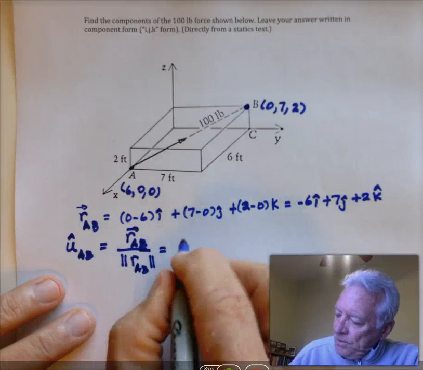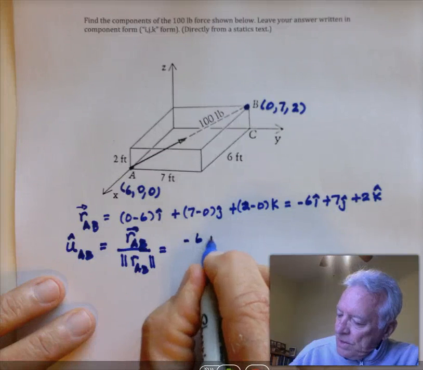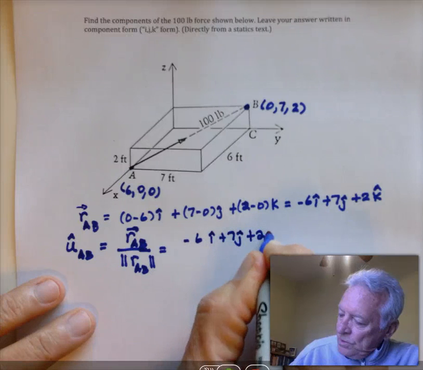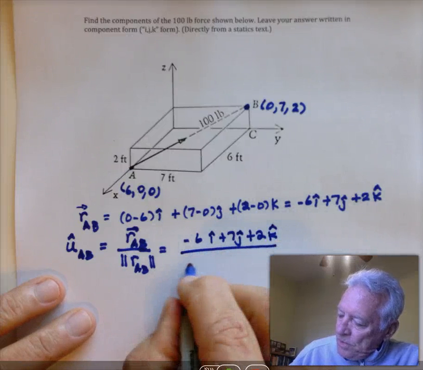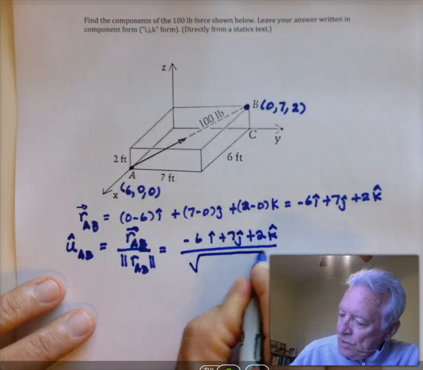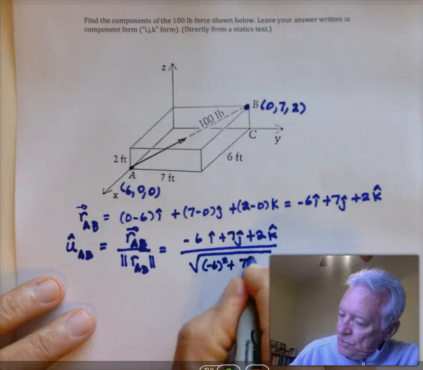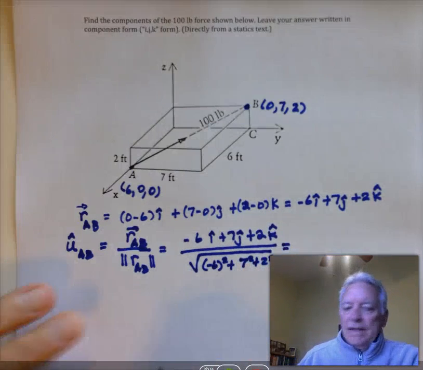That will be negative 6i plus 7j plus 2k divided by the magnitude, and the magnitude will be the square root of negative 6 squared plus 7 squared plus 2 squared.